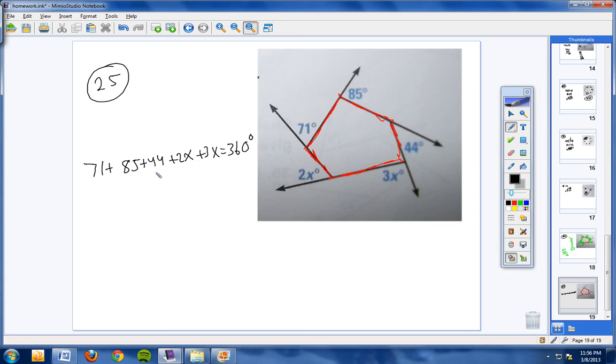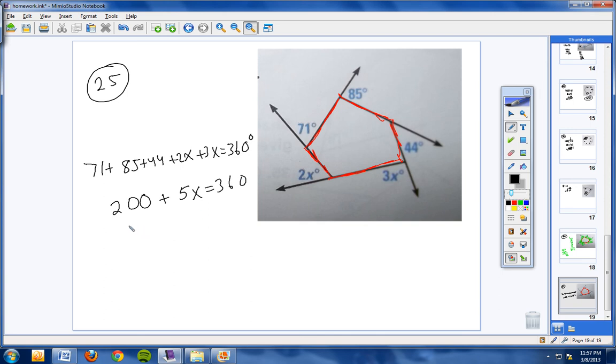71 plus 85 plus 44 would be 200. So if you add these 3 right here, you'll get this right here. And then if you add your x's right here, 2x and 3x, you'll get 5x right here, and 5x equals 360.